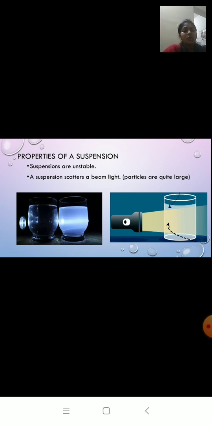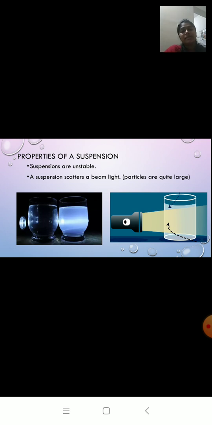Okay, so let us take a quick recap. Properties of suspension. The first property is it is a heterogeneous mixture. Second, the size of solute particles is quite large. It means we can see them with our naked eyes. Third, the solute particles can be separated by filtration.